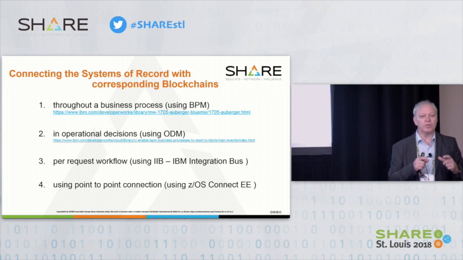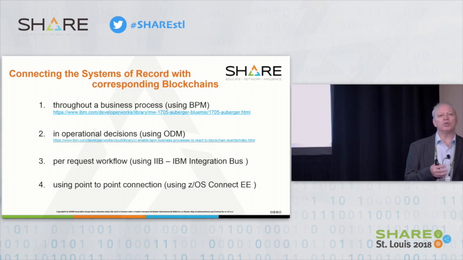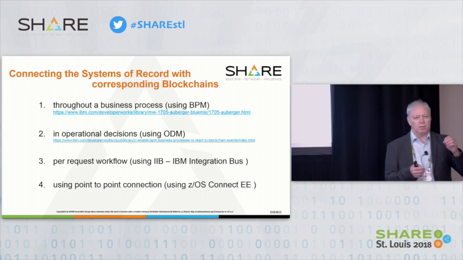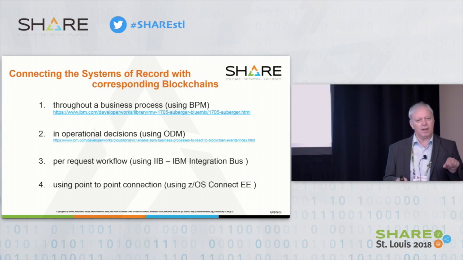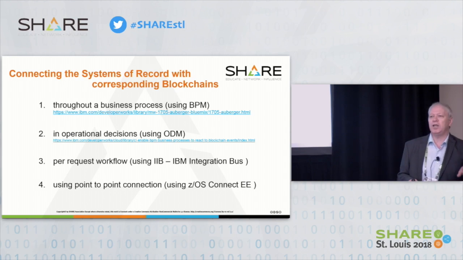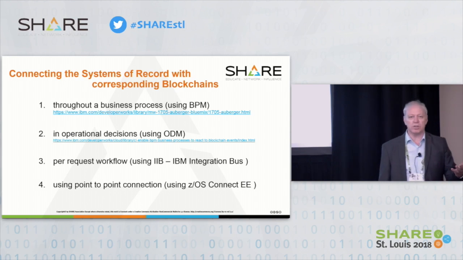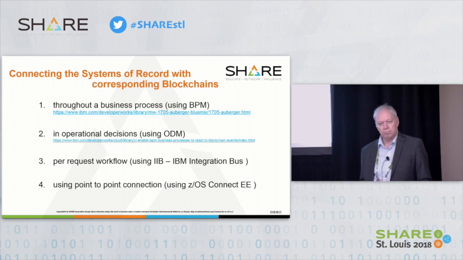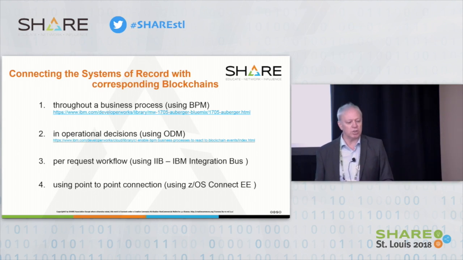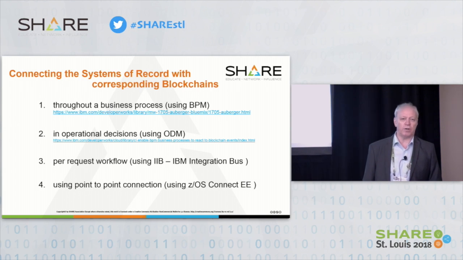I typically have workflows in my integration bus that define what is this workflow about, what should it do, and where do I change anything, or I can decide, have a workflow that then interfaces with my blockchain and inserts information about a transaction that happened on the system of record.